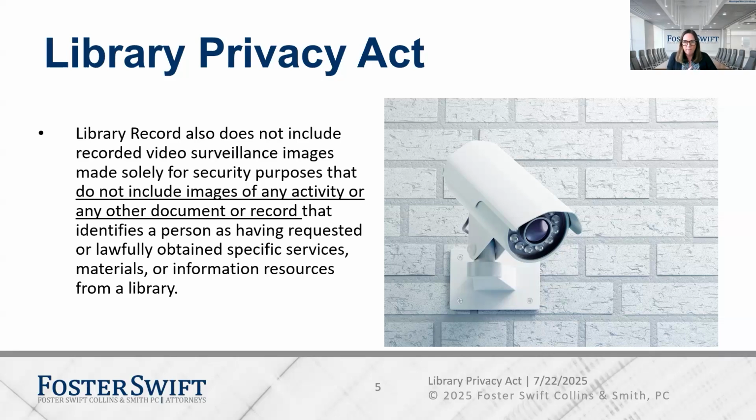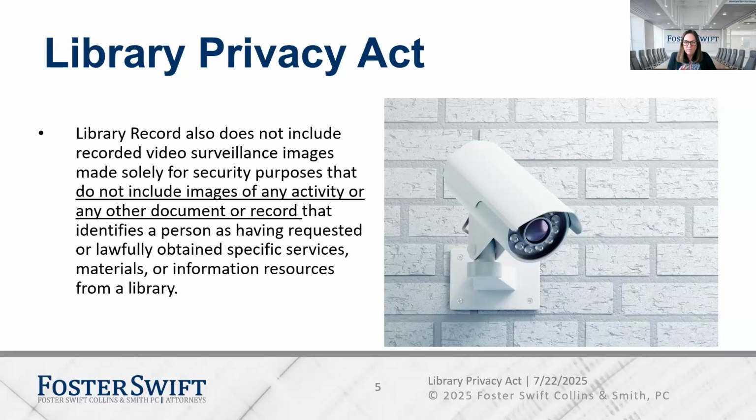So with the recent amendment, and there are some caveats to it, so you have to be very careful. A library record now does not include recorded video surveillance images made solely for security purposes that do not include images of an activity or other document or record that identifies the person as having obtained specific services, materials, or information sources from the library.